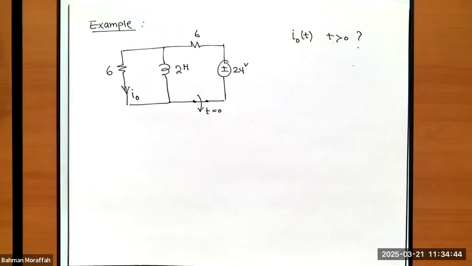But the good news here is that since we're doing the step-by-step method, we don't really have to write a differential equation. We can just assume the solution, which is I naught, has exponential form. So we want to do this by the step-by-step method.